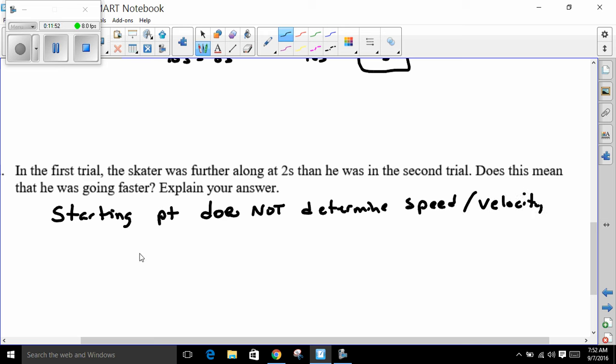The first skater was further along because he started at 10 meters rather than at 4 meters. We've calculated the speed. The second skater was moving faster.